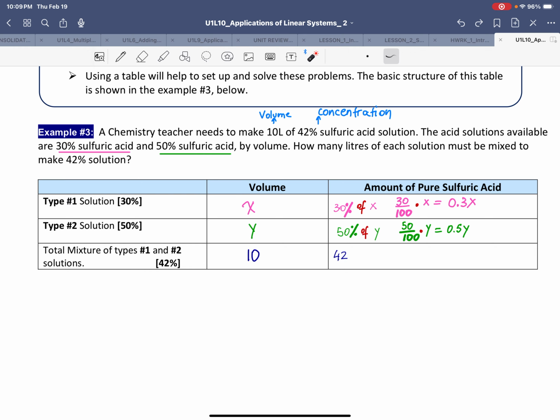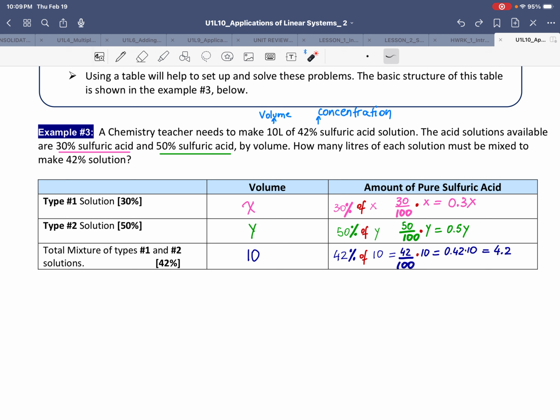So now we're going to say 42% of 10 liters would be 42 divided by 100 multiplied by 10, which is equal to 0.42 times 10, or even further, equal to 4.2.